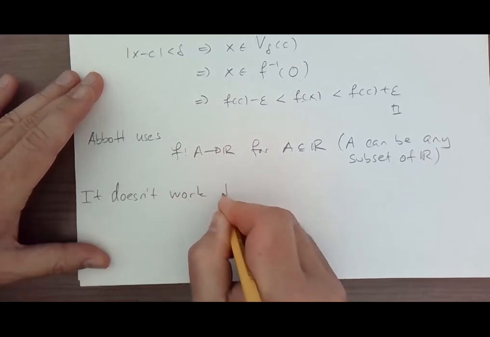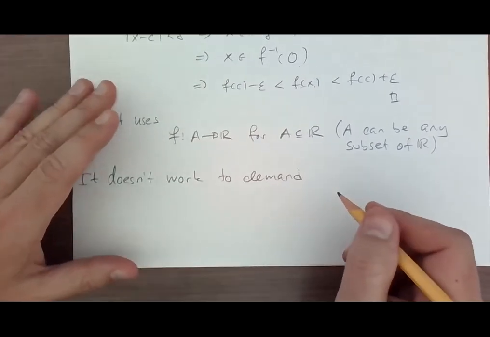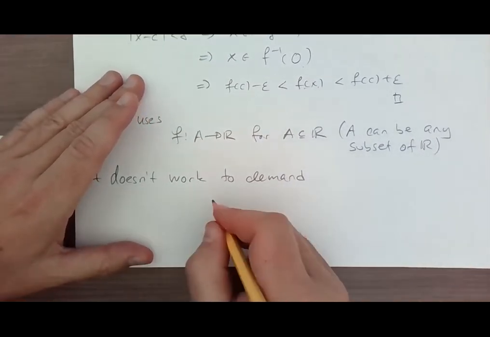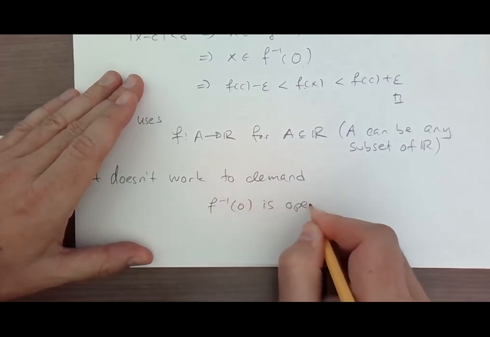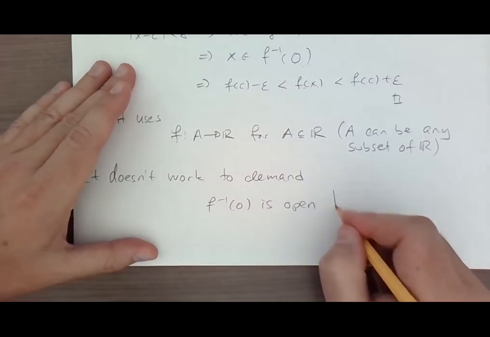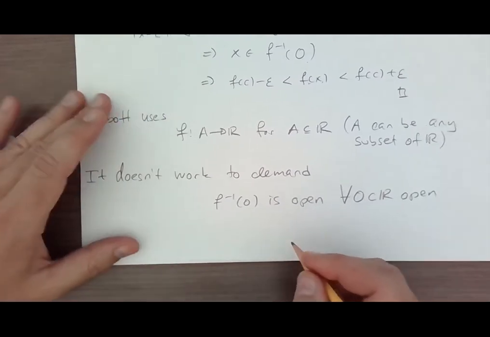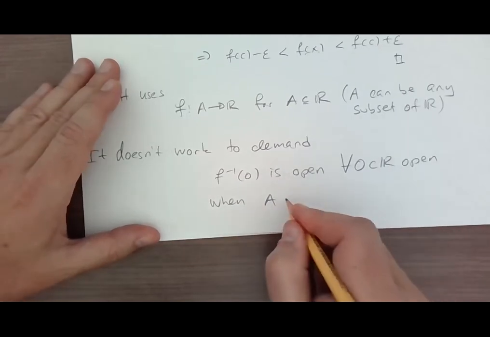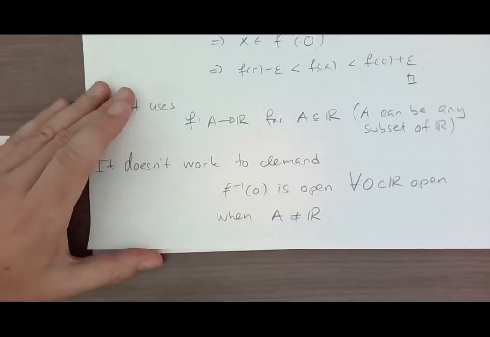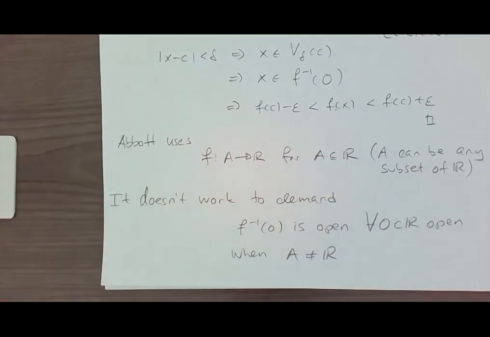It doesn't work to demand that f minus 1 of O is open for all O inside R open when A is not R. And let me try to, so Abbott has a point that his definition appears to be more general because he can allow this arbitrary set A there.